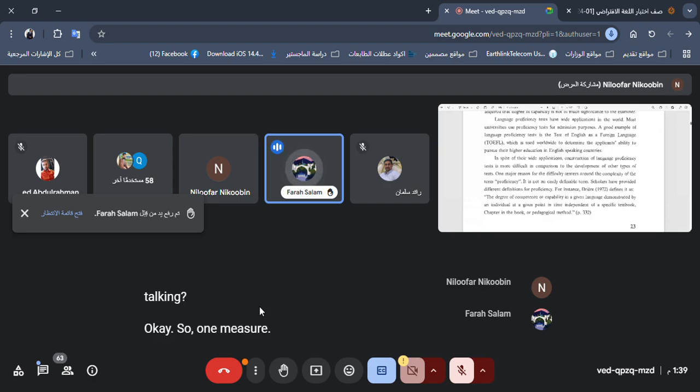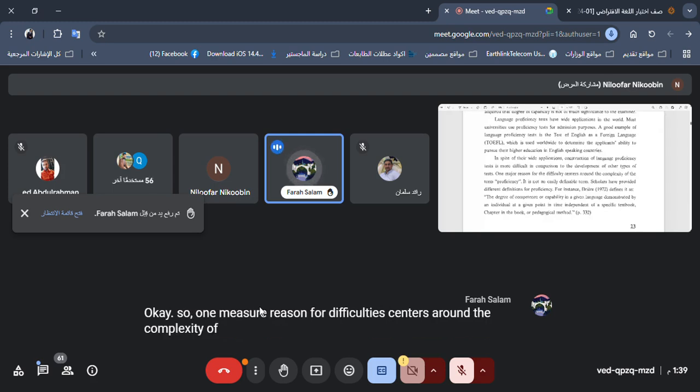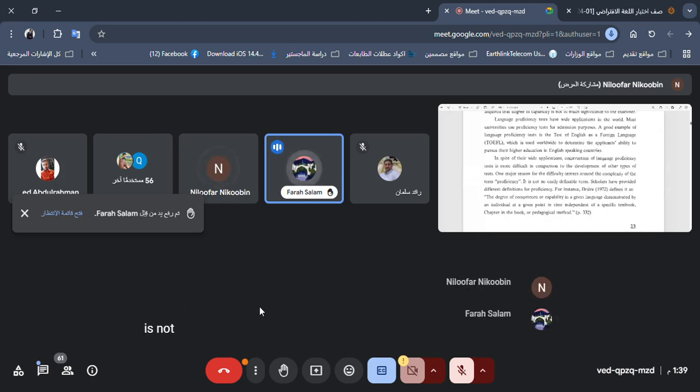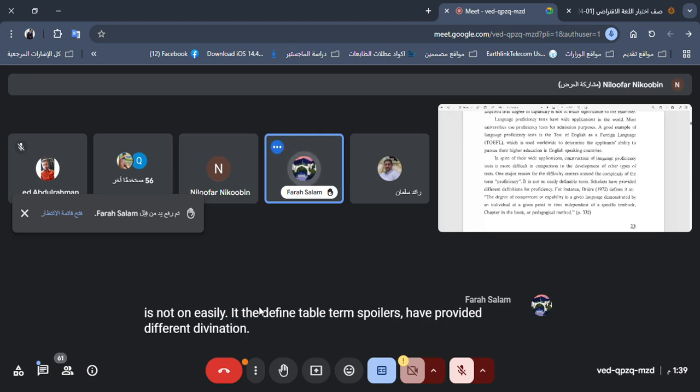So one major reason for difficulty centers around the complexity of the term proficiency. It is not an easily definable term. Scholars have provided different definitions for proficiency.